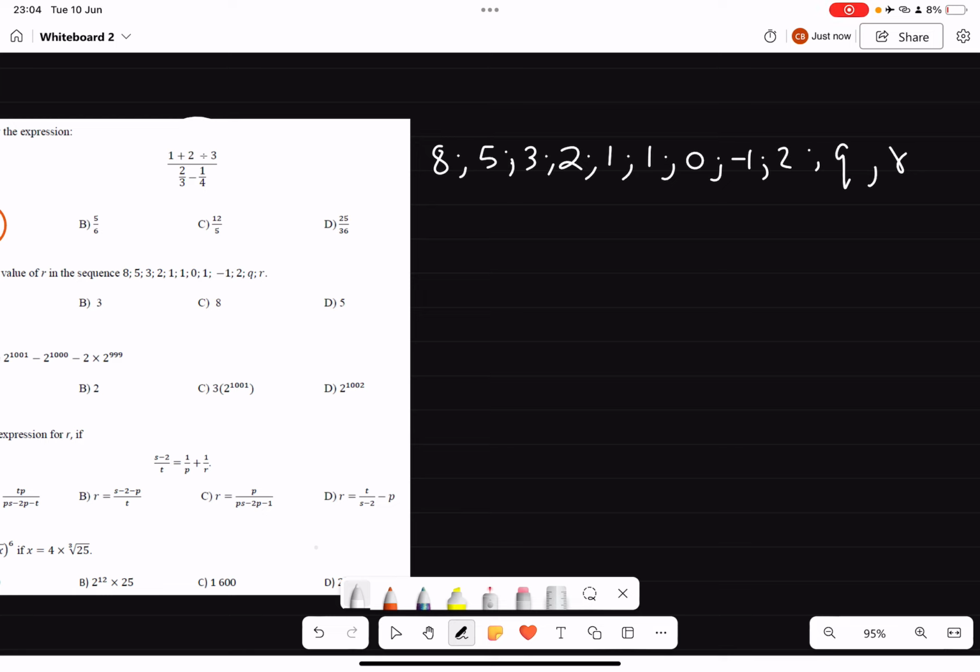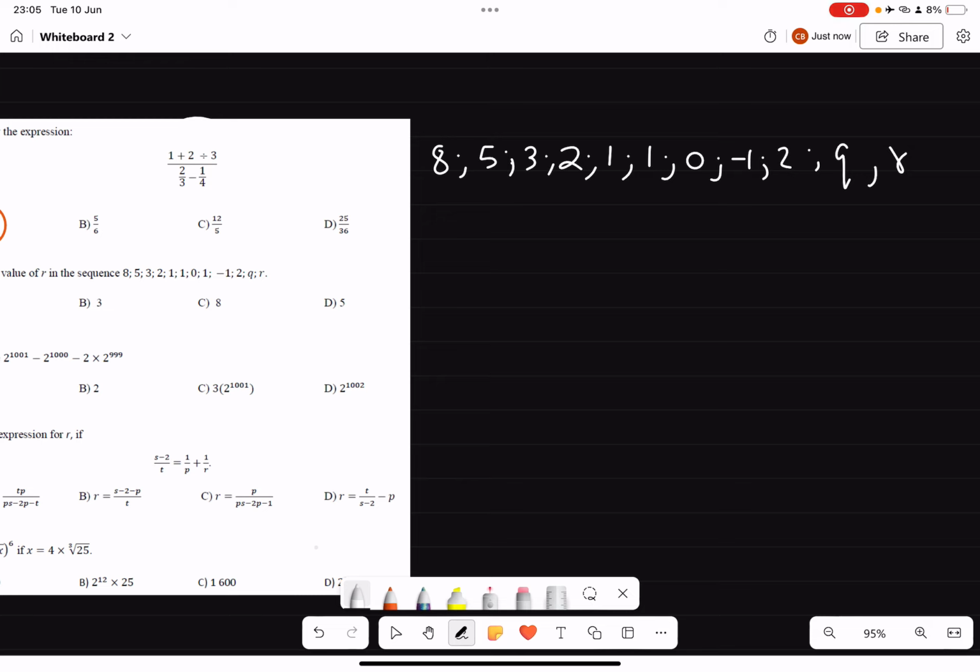I need us to observe something, ladies and gentlemen. So there's a pattern here that you need to see, and I'm going to show you now how it works. Observe that 8 minus 5 gives you 3. 5 minus 3 gives you 2.